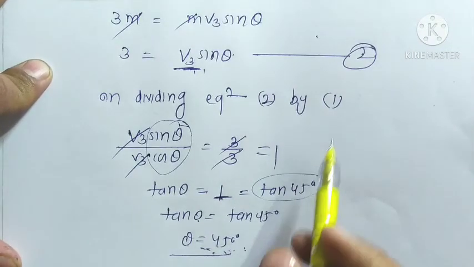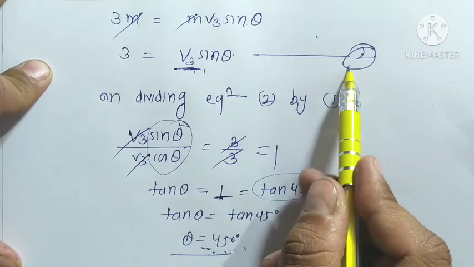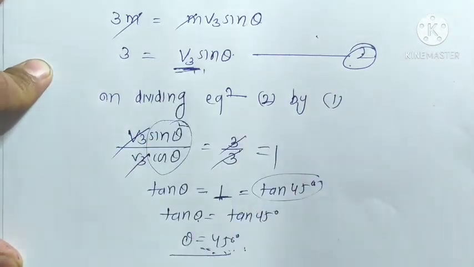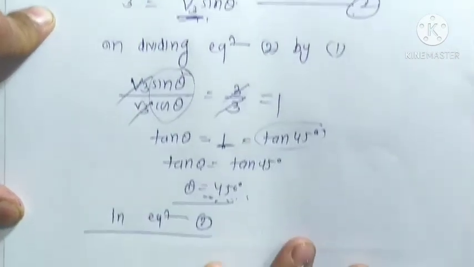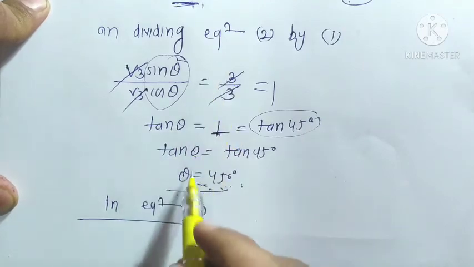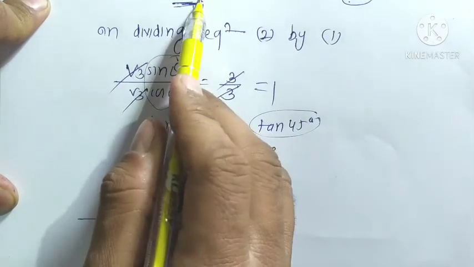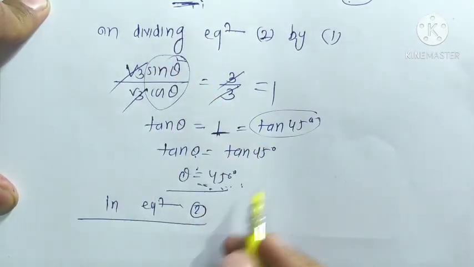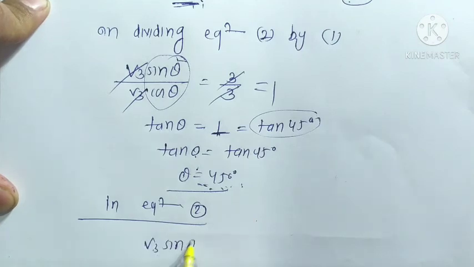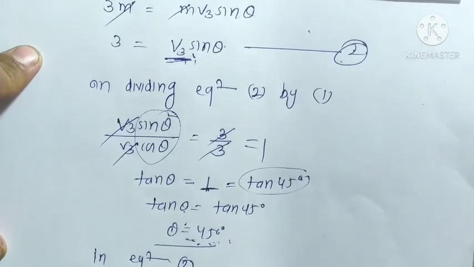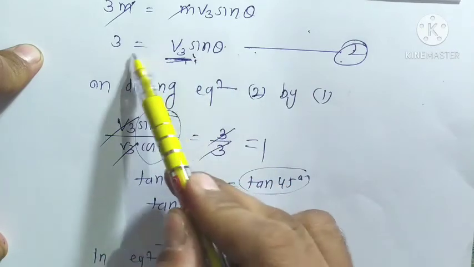We put this value in equation number 2, then we will get the value of v3. So what is equation number 2? v3 sin theta is equal to 3.